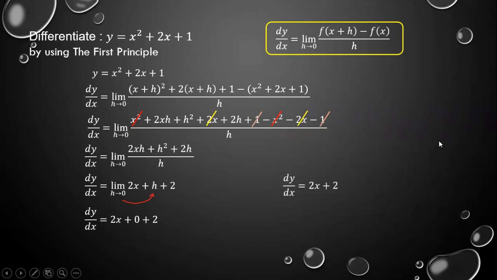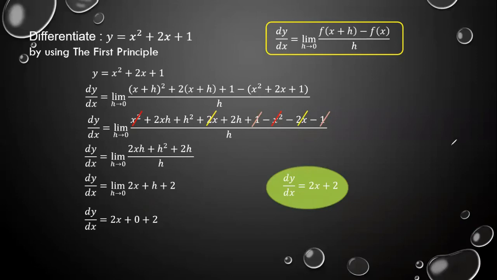Finally, dy over dx equals 2x plus 2. That's the answer of differentiating y equals x squared plus 2x plus 1 by using the first principle. Is it clear to you, students? Very easy, right?